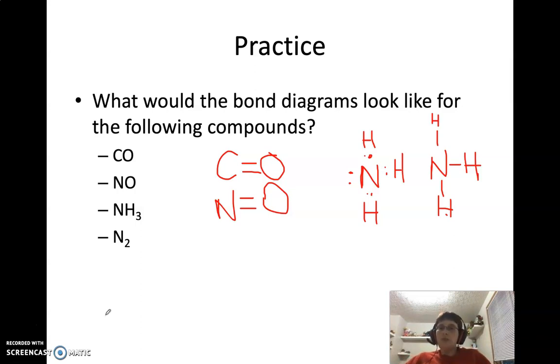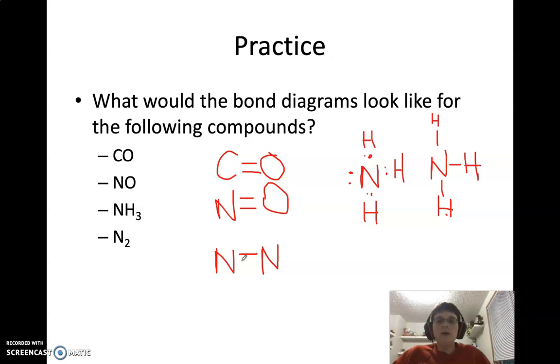N2 is the diatomic form of nitrogen, so the nitrogen gas. We know it's going to be N and N, and since it's just those 2, you know they're going to share the electrons. We know that nitrogen has a valence of 3 because it has those 5 electrons in its valence shell.